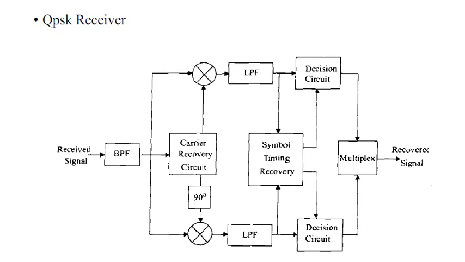The symbol timing recovery block checks the timing of the symbols, since error symbols are repeated, and we find the original symbol. The decision circuit decides which are original bits and which are error bits. The original bits are sent to the multiplexer, which combines both recovered signals into the output.